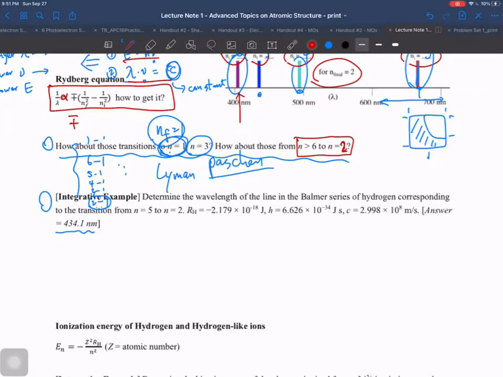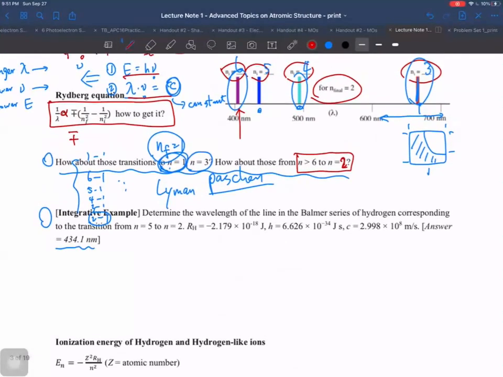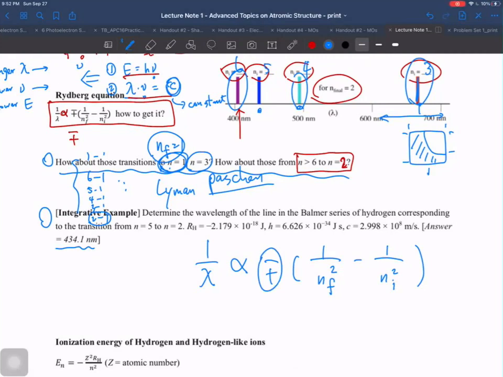Yeah, I think now we can briefly talk about this equation. 1 over lambda is proportional to negative plus 1 over nf squared minus 1 over n initial squared. First, why is there a plus-minus sign? That depends on what your nf and your ni are.